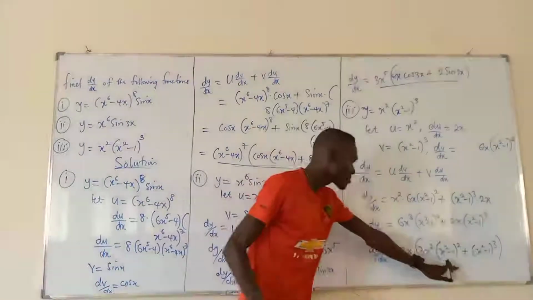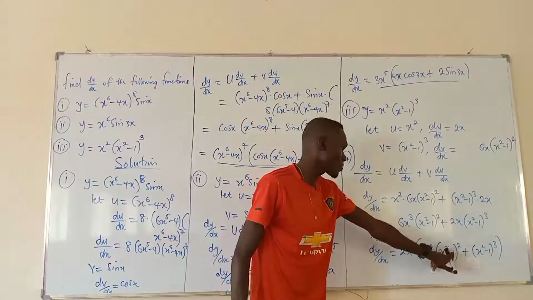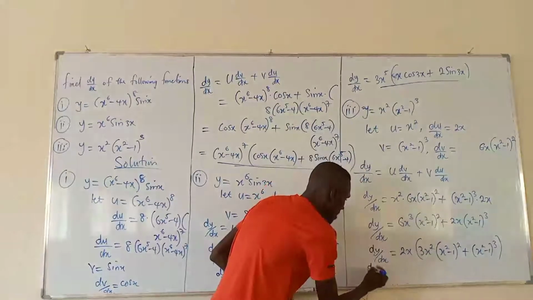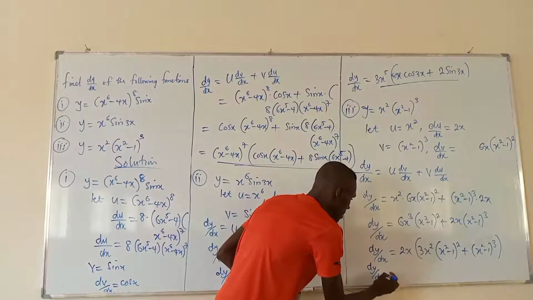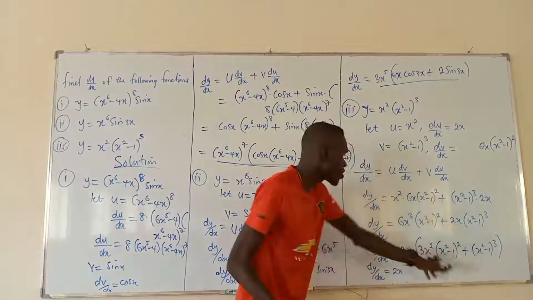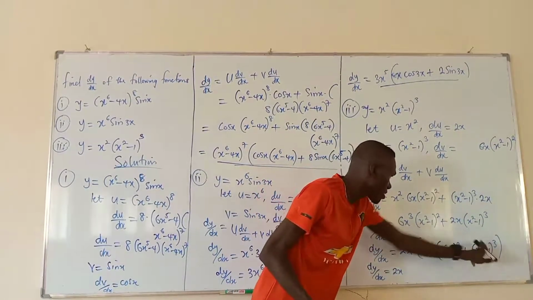Now I can stop here, but there's still something common. This is x squared minus 1, x squared minus 1. I can factor it out. So how do we do that? Lastly, dy/dx equals, we will have our 2x outside. I'll bring out the lowest of the two terms, which is the square.